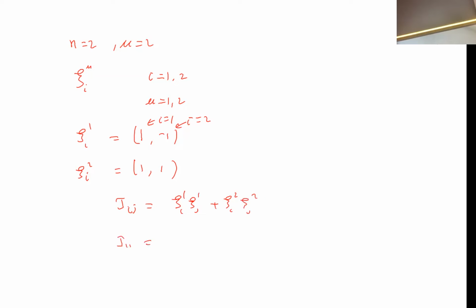So J11 has to equal 2, since I equals J. J12: this is a -1 times a -1, and this is a 1 times 1, so this is equal to 0, equals J21, it's all symmetric, and then J22 is also equal to 2.